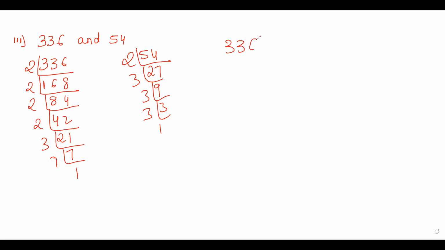Prime factors of 336 are 2 power 4, 3 into 7. Prime factors of 54 are 2 into 3 cube.